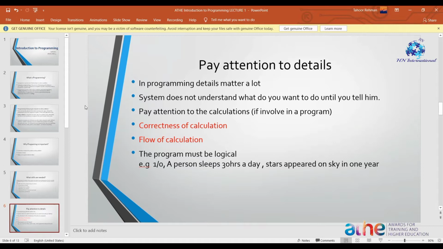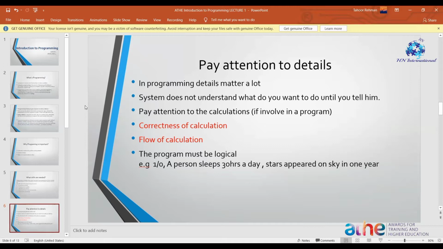The program must be logical. Like a person sleeps 30 hours a day, stars appeared on the sky in 1 year. So the logic of that program must be clear to you, and it must be logical. The program must be logical.